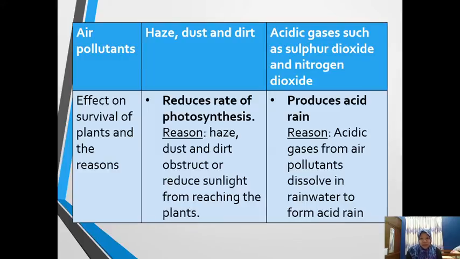Okay, so itu adalah contoh-contoh aktiviti yang boleh meningkatkan penghasilan acid rain tersebut.